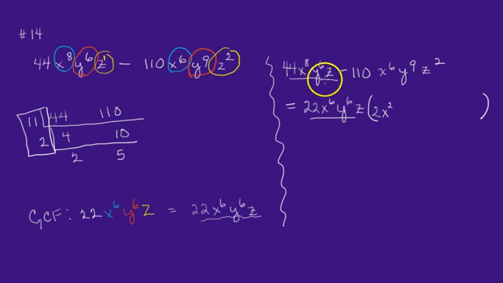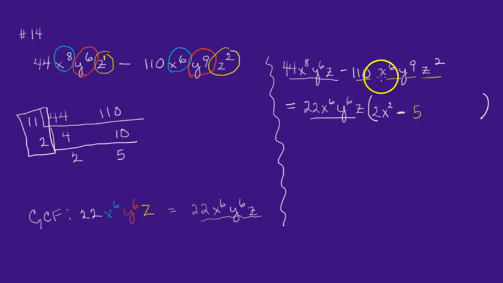And I have one z here and one z there, so I don't need to include any z terms because they're already present as well. So then I go over to my 110 x to the 6th, y to the 9th, z squared. What factor do I need to multiply 22 by that will give me 110? That's going to be 5.